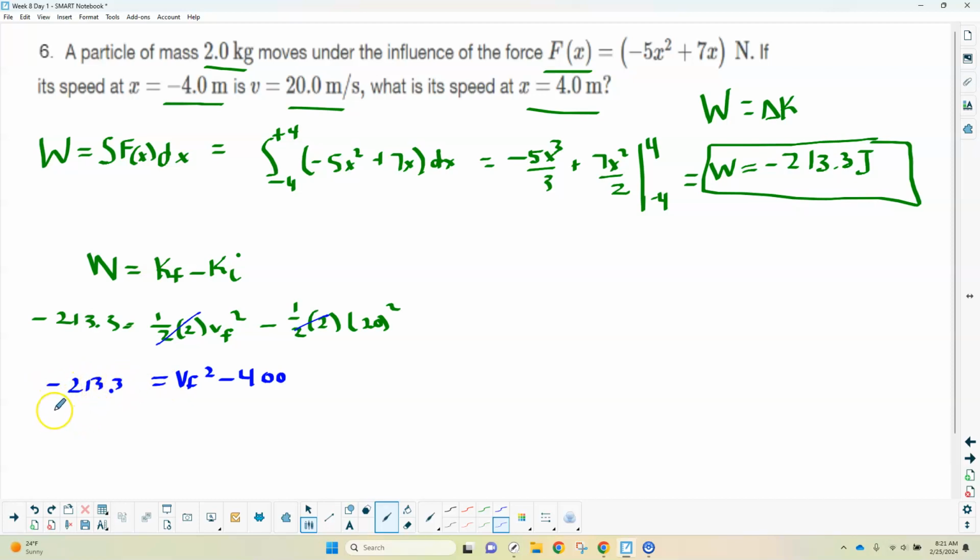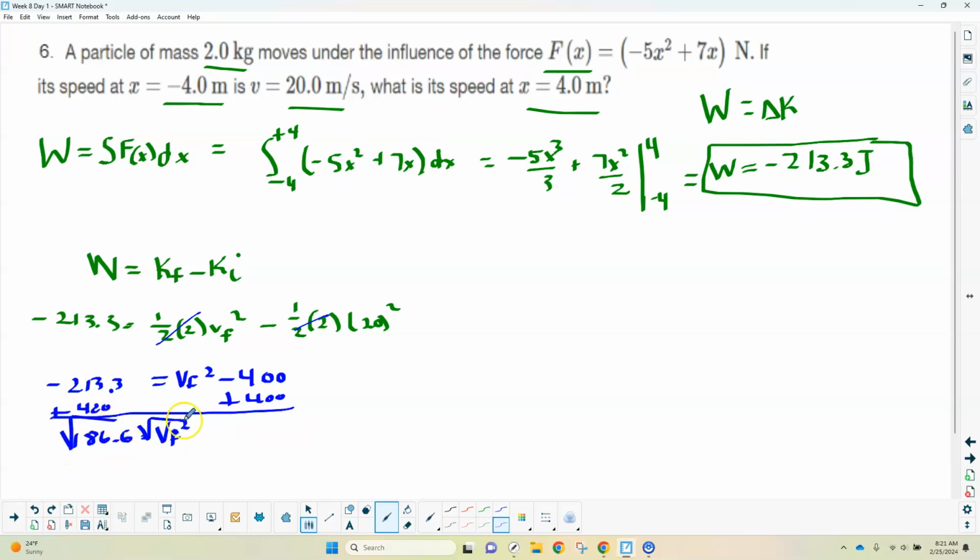I'm going to add 400 to both sides to isolate for VF. So you get something like 186.6, and that's really repeating, but it's okay. 186.6 is equal to VF squared.